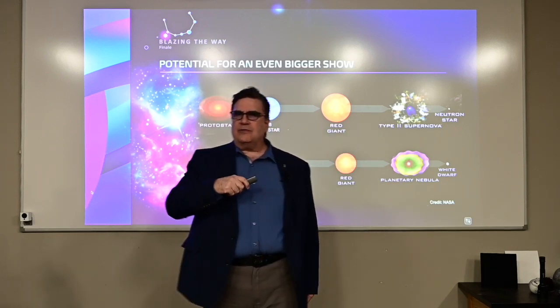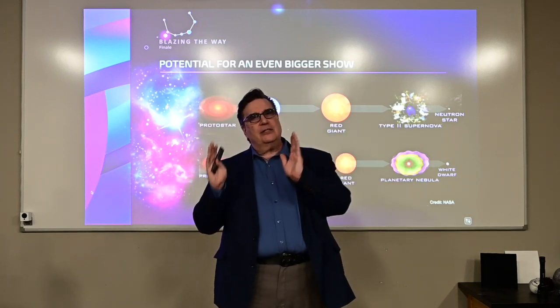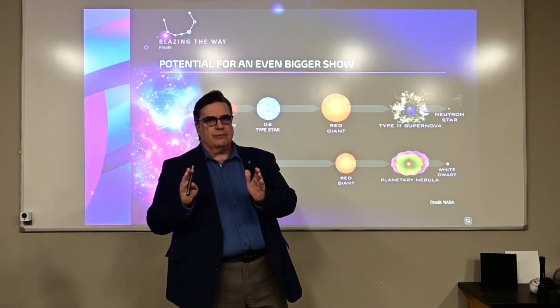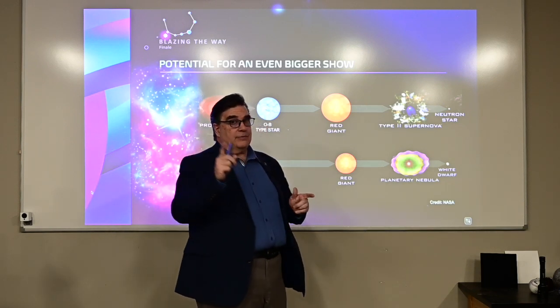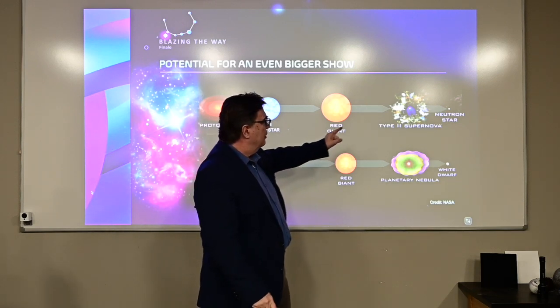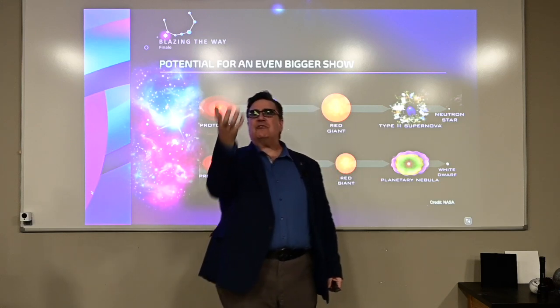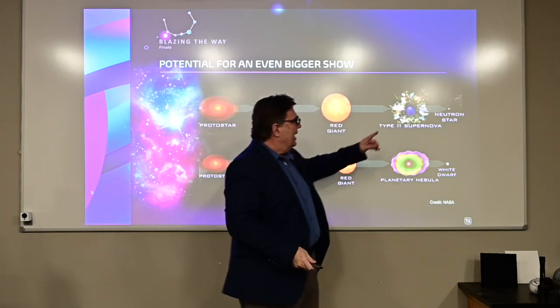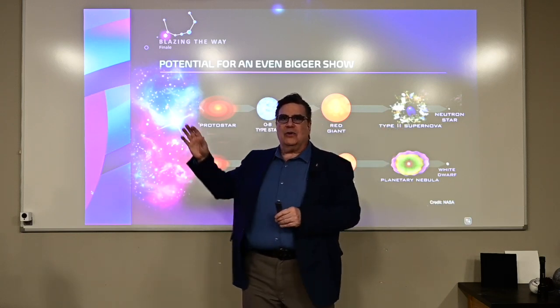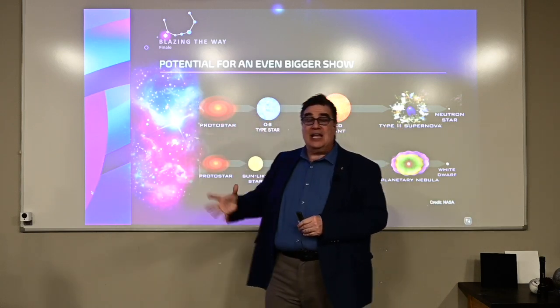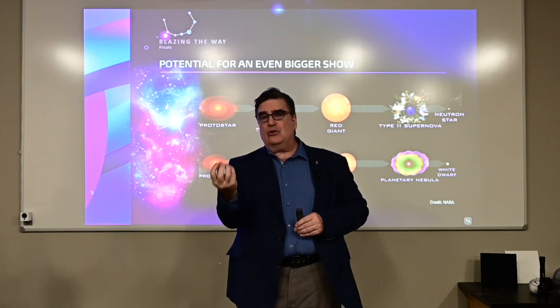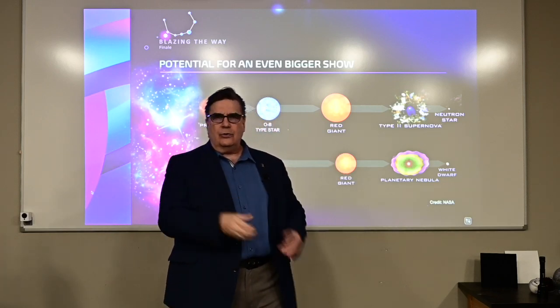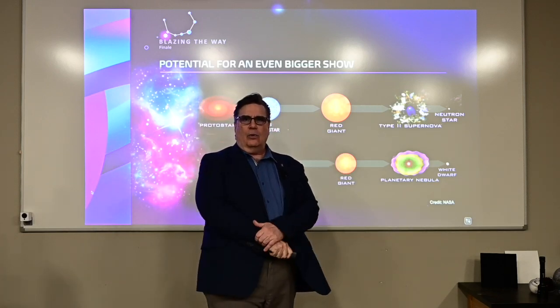We talked about this earlier. That's actually a type 2 supernova. There is another type that we'll discuss here in a moment. That core then collapses past the white dwarf stage into a neutron star. And if the original star was massive enough, it might even collapse past the neutron star stage into a black hole.